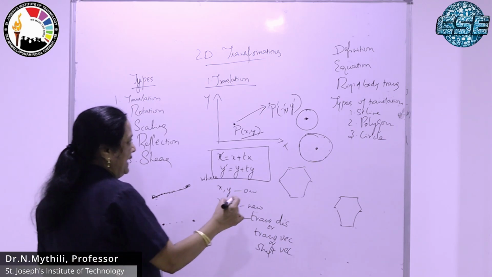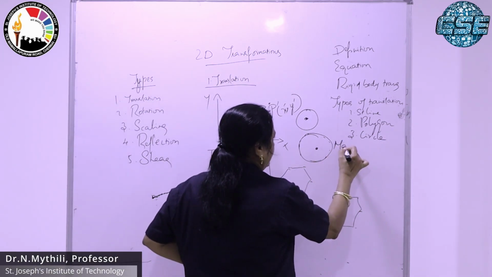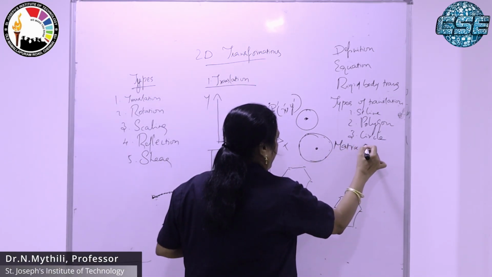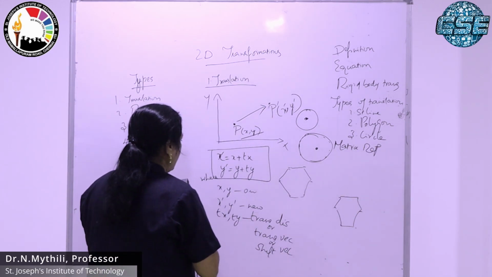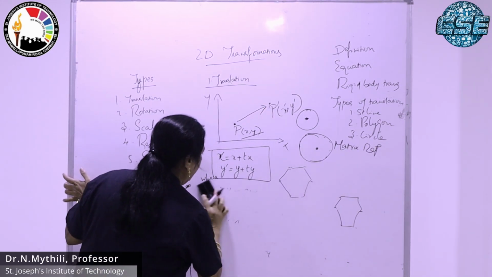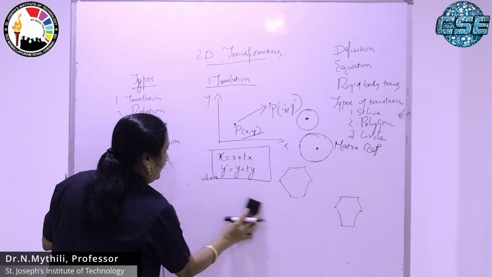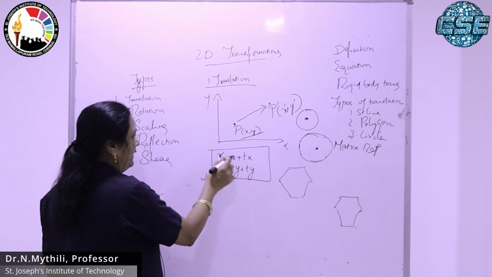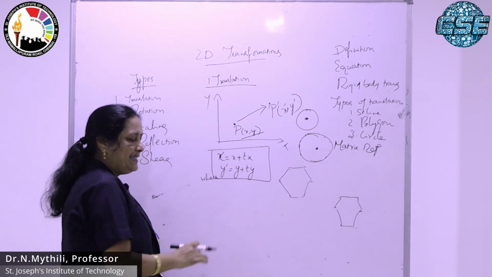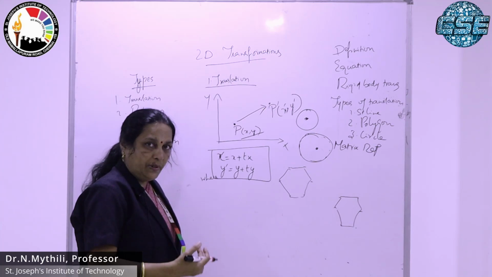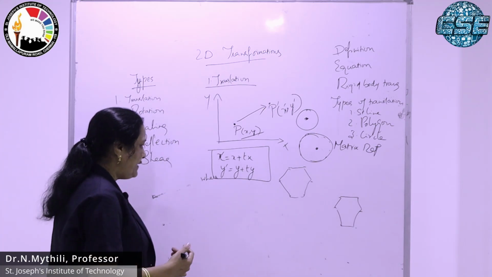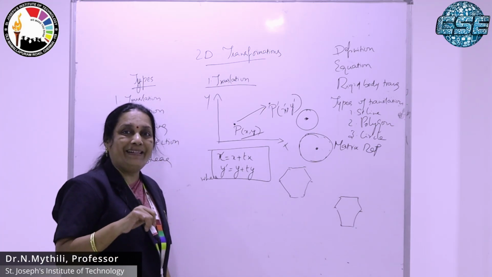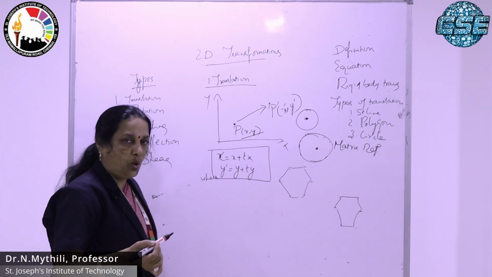Next one, matrix representation. In matrix representation, we have the translation equation, and when you convert this translation equation into matrix form, the coordinate descriptions are 3 element column vectors.